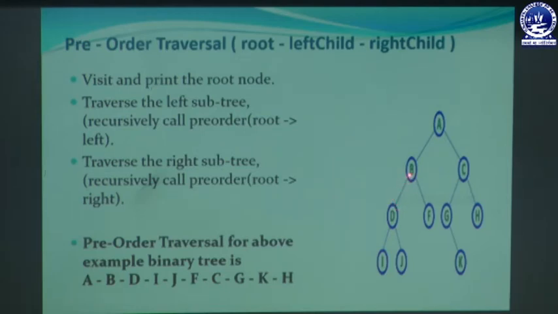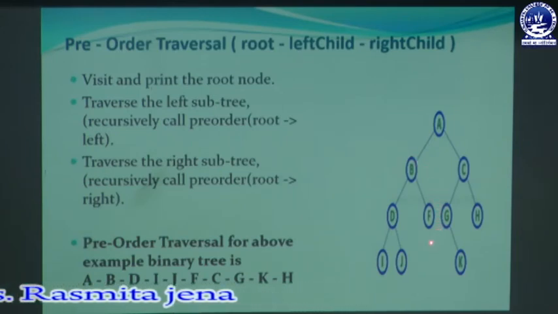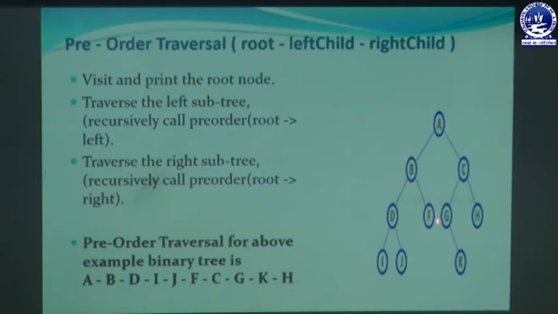Then we will go for the right subtree visiting for the node B. When we go for the right subtree, there is only one node, that is node F. So after visiting node J, we visit the node F. You can see after J, the node F is displayed, and when we visit node F, the left subtree for the root node A is completely visited. That means those nodes present at the left subtree for the root node A are visited.